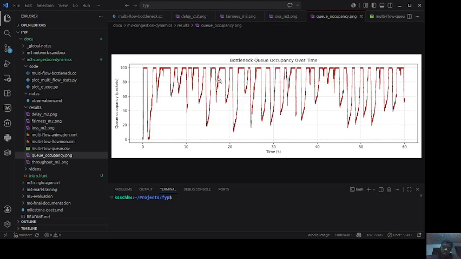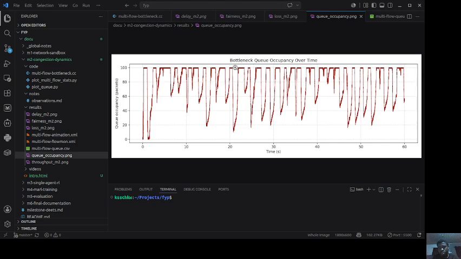It shows the number of packets sitting in the bottleneck queue over the 60-second simulation. The simulation ran for 60 seconds. If you look at the shape, it's like a sawtooth, like the tooth of a saw.